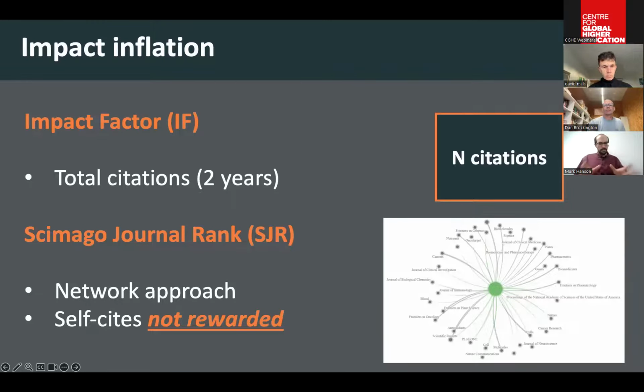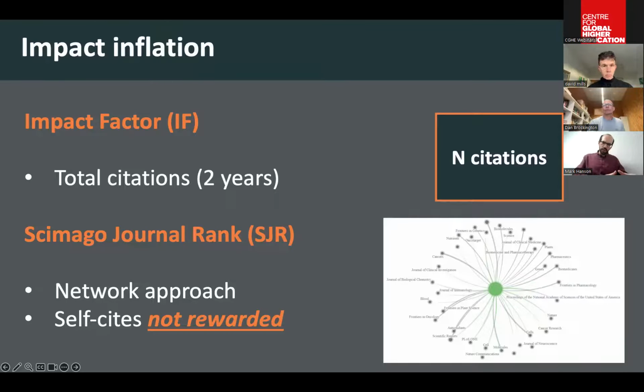And there's a very complex formula behind SCImago journal rank, but the fundamental difference between these two is that SCImago uses a network approach. One of the ways that they differ fundamentally is that impact factor just cares about the raw total citations, but it doesn't track where those citations come from.